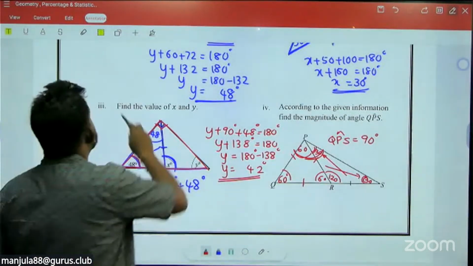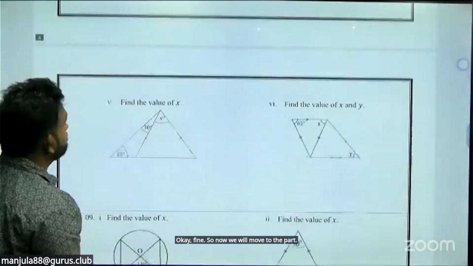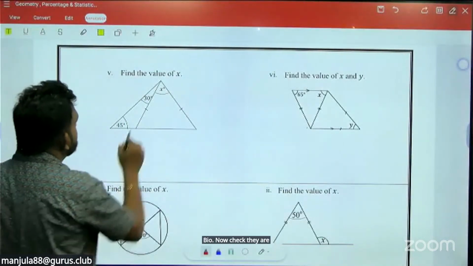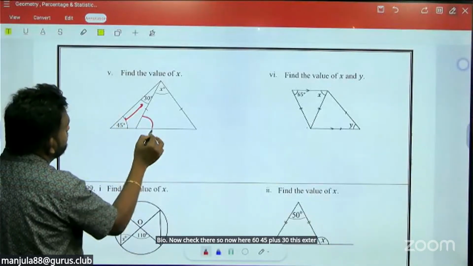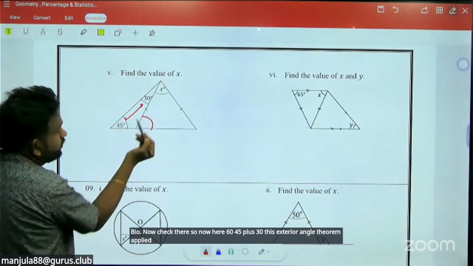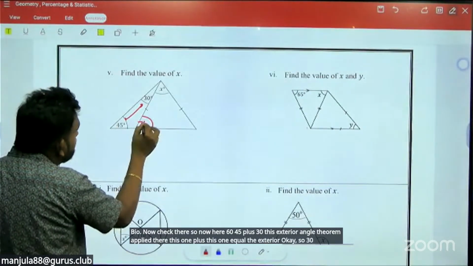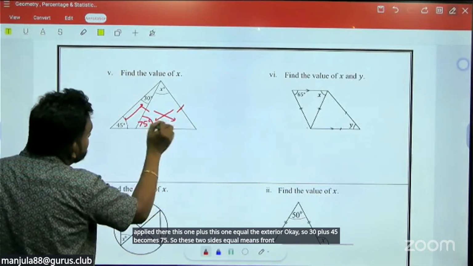Now we will move to part 5. Check there. Here 45 plus 30, apply the exterior angle theorem. This one plus this one equals the exterior angle. So 30 plus 45 becomes 75. These two sides are equal, so the angles opposite to those sides are also equal.